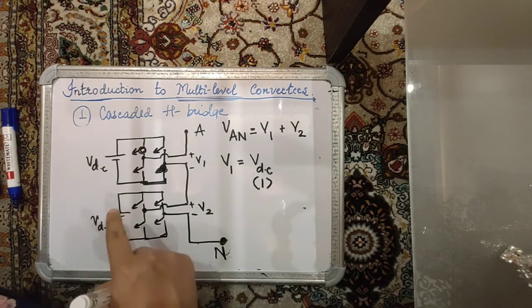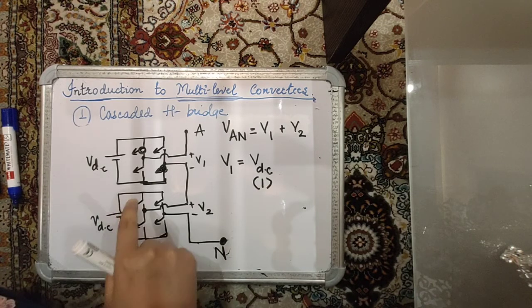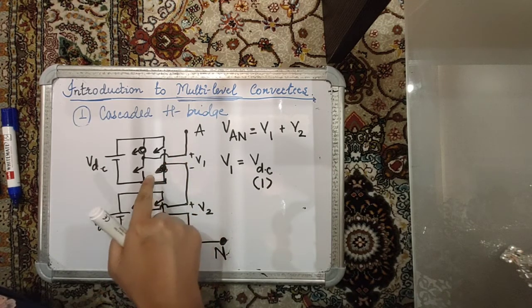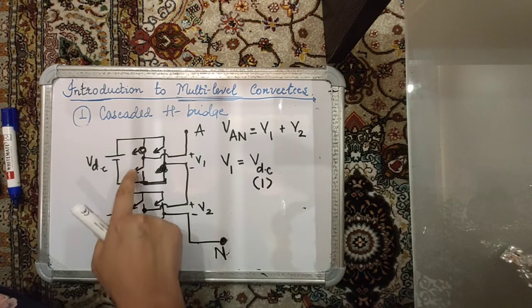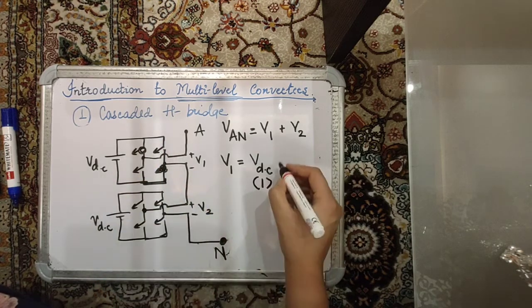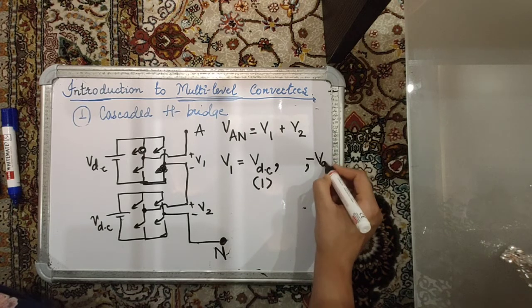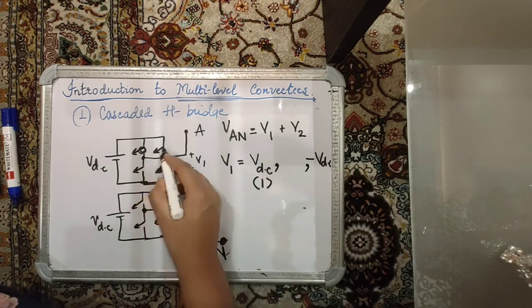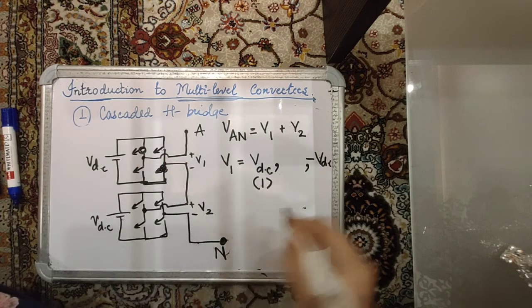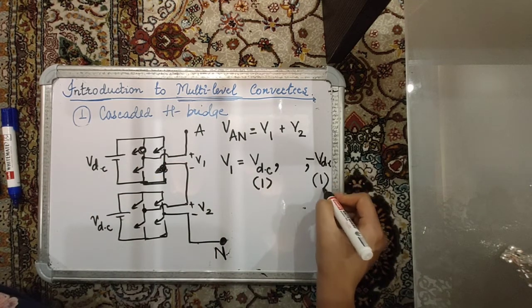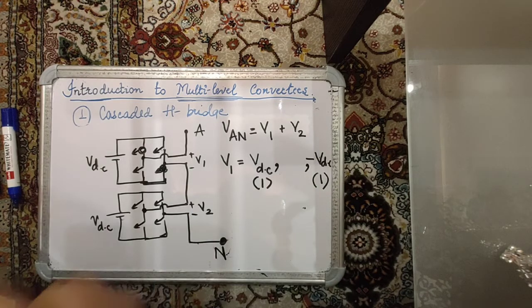Or this V1 can also be equal to minus VDC if this switch and this switch is on, right? So it can also be minus VDC, and again only one switching state, that is this is on, this is on, that is one switching configuration, will contribute towards V1 becoming equal to minus VDC.